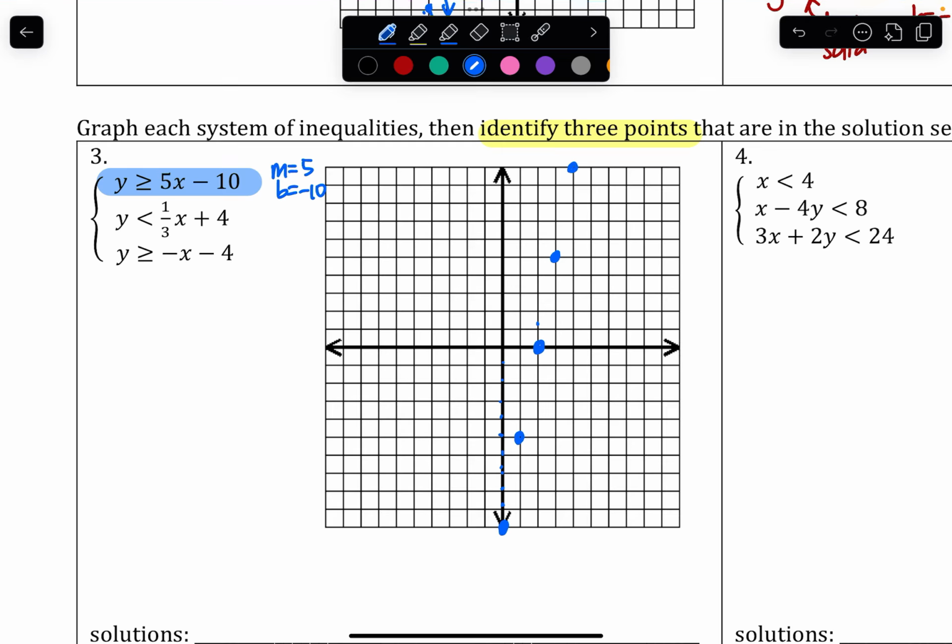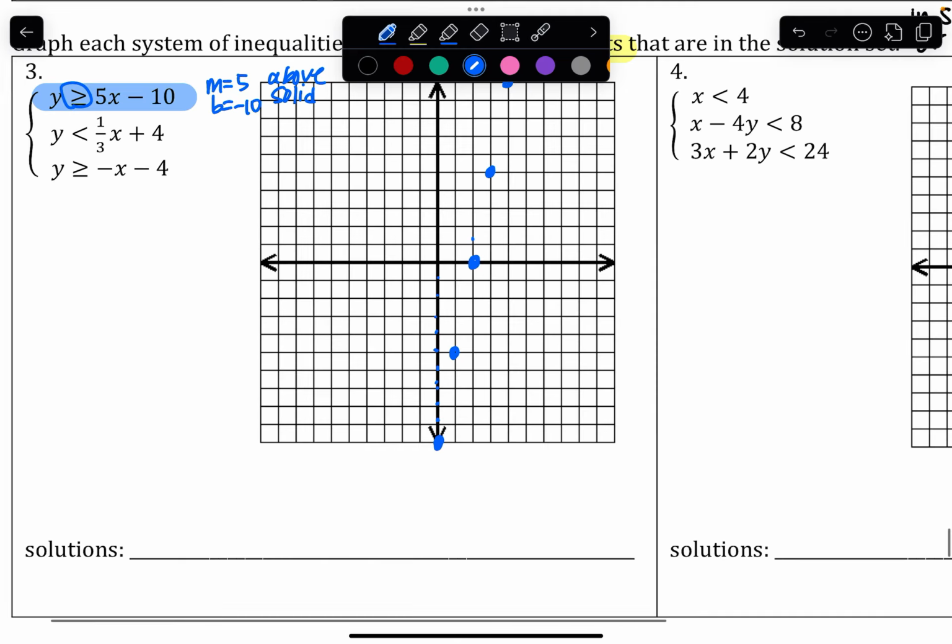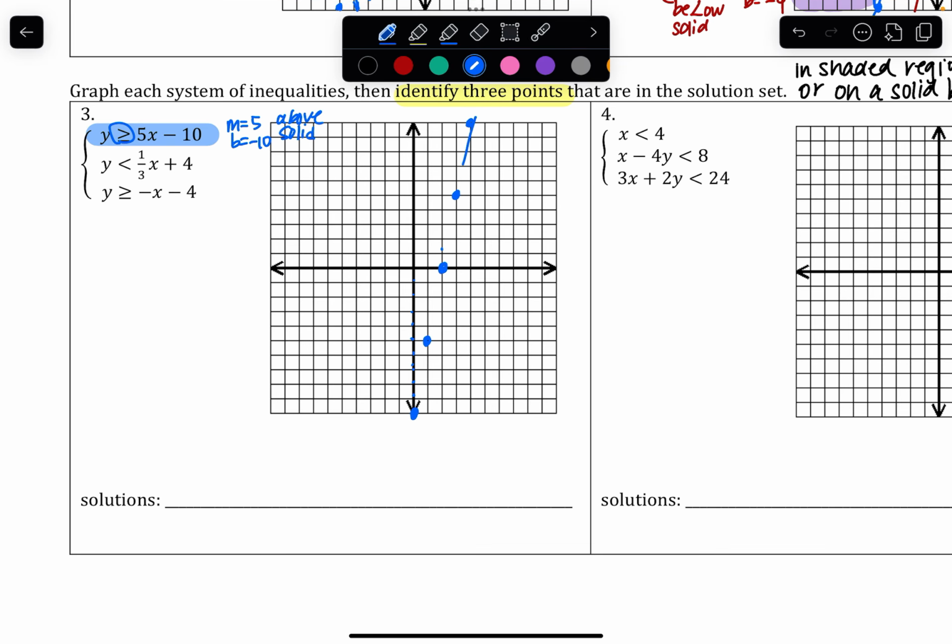Okay, and then it is above and solid because we have a greater than with the line. So I'm going to go ahead and draw my solid line. And then I'm going to draw my arrows pointing up for above. Okay, and so we're kind of picturing this half of the graph shaded over here.